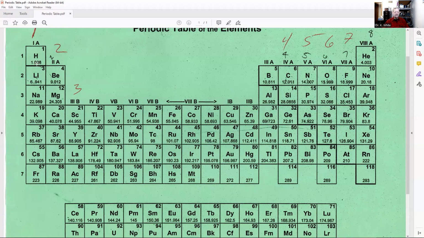Hydrogen, 1.008. Carbon, 12.011. Oxygen, 15.999. That's the atomic weight or atomic mass. This is something you should know how to find.